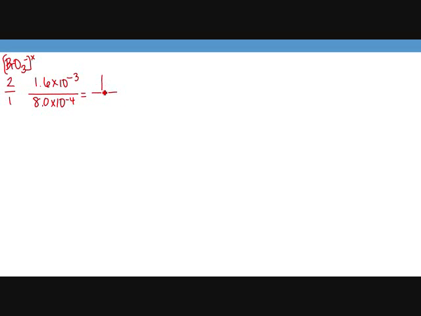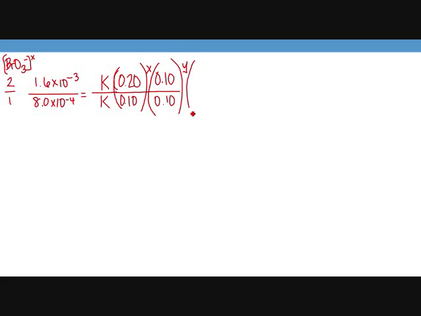So we have K over K, then we have 0.20 over 0.10 raised to the x power. Then we have 0.1 over 0.1 raised to the y power. And then we have, again, 0.1 over 0.1 raised to the z power.